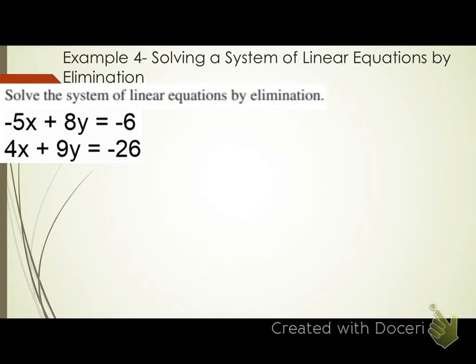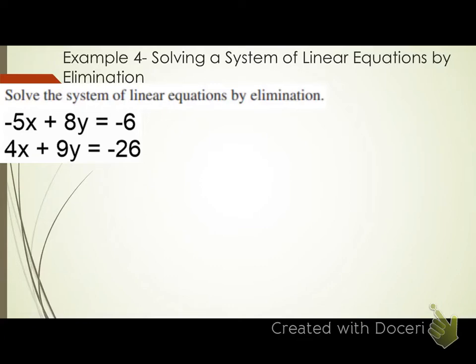What are multiples of 4? 4, 8, 12, 16, 20, 24, so on and so forth. So I want to find the smallest number that they both go into. So what's the smallest number that both 5 and 4 go into? 20. So if I'm trying to eliminate x, I would need to get 20 in front of my x variables.